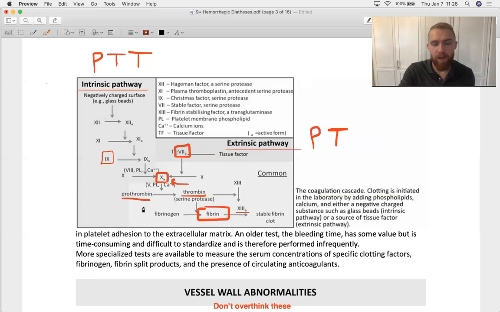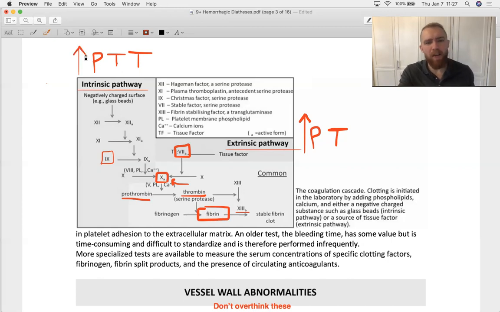So if you're on warfarin, your prothrombin time, your PT, the time that it takes for your extrinsic pathway to go from start to finish, is going to be prolonged or elevated. However, because you've also got some factor IX inhibition, your partial thromboplastin time, your PTT, the time it takes your intrinsic pathway to go from start to finish, that'll also be prolonged.